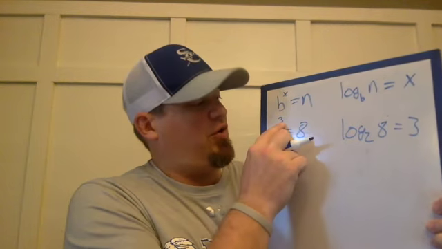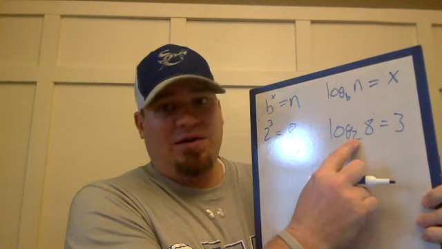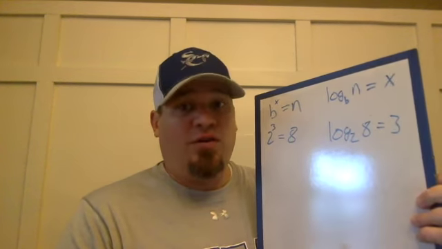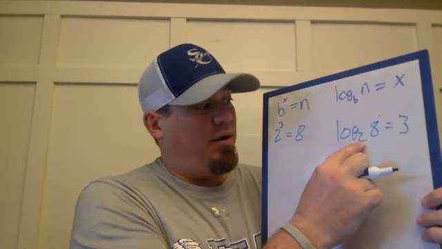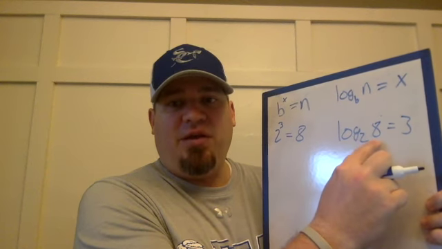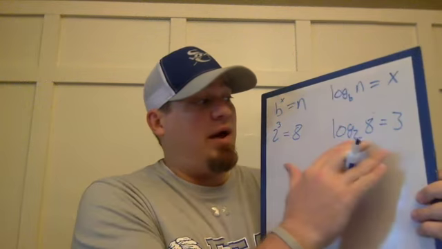So 2 cubed equals 8, written as a logarithm, is log base 2 of 8 equals 3. All this is saying is whatever number that I raise 2 to this power gives me this answer. That's how you write a logarithm. Okay, and now we don't have any exponents.